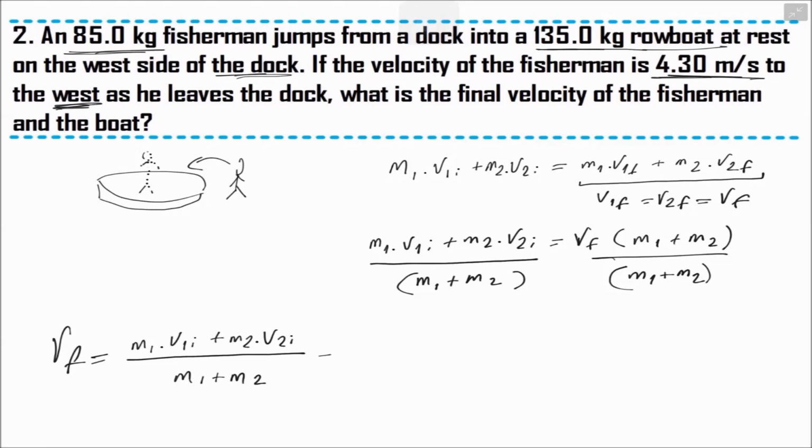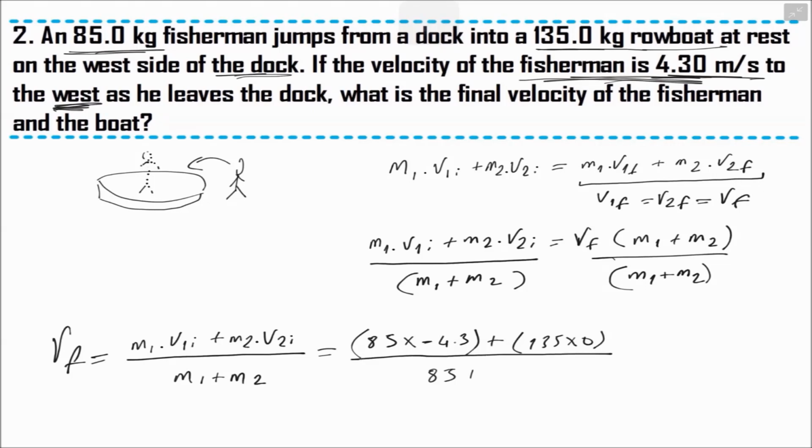And m1 is the mass of the guy, which is 85, and the velocity of the fisherman is given as 4.3 to the west, so it will be negative 4.3 in the parentheses, plus the initial velocity of the boat is 0, so it will be 135 times 0, which is 0 anyway, over 85 plus 135, m1 plus m2.